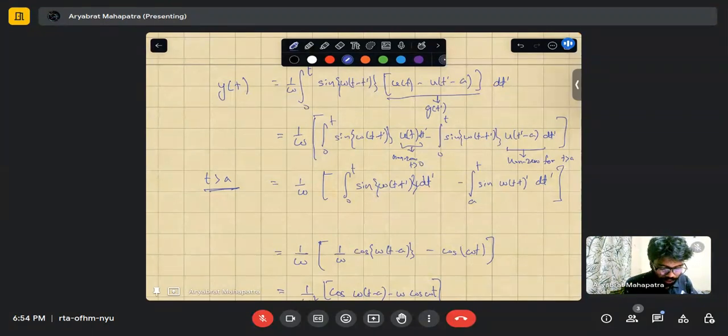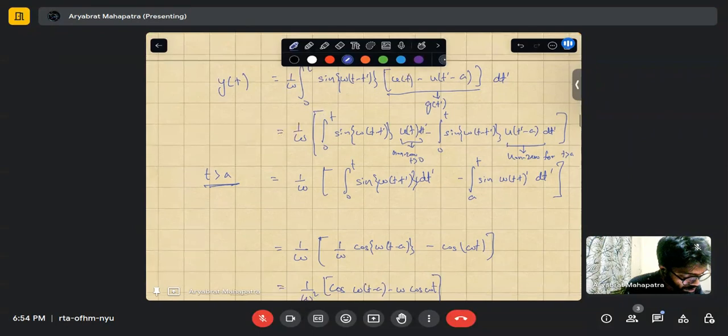Since I'm taking t greater than a, this will be equal to 1. And in the second part, you will see that since I'm taking t greater than a, u of t prime minus a will be also 0.